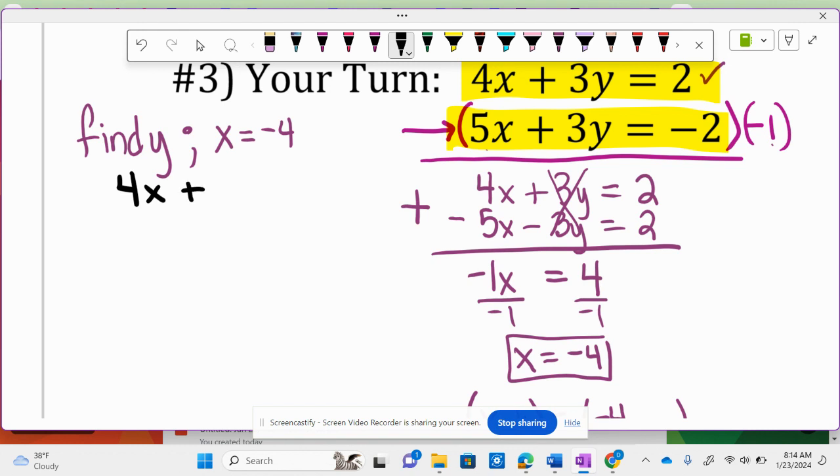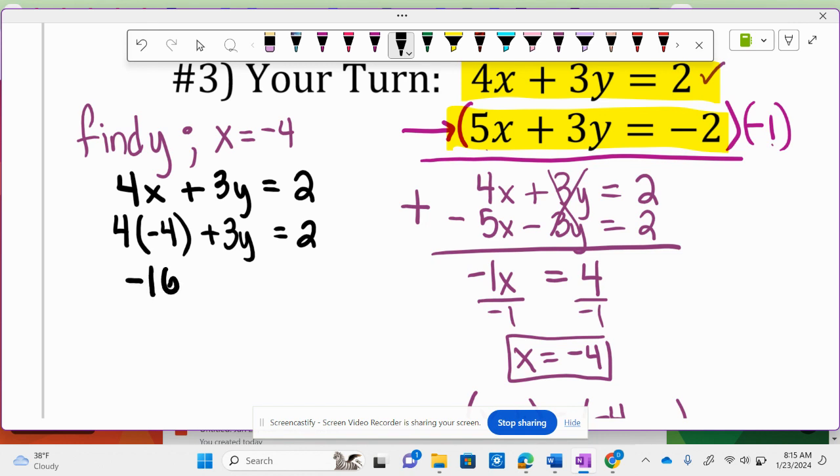4x plus 3y equals 2. 4 times x is now going to be 4 times -4 plus 3y equals 2. What is 4 times -4? -16 plus 3y equals 2.